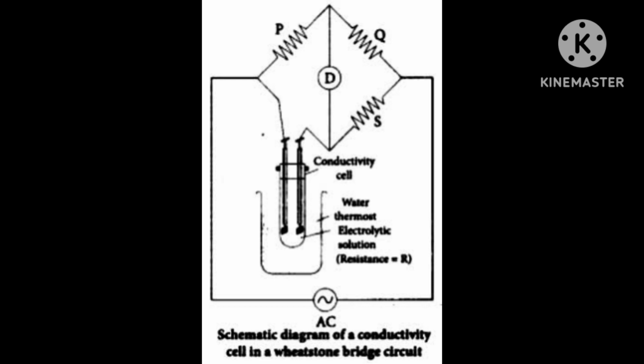Our intention is to measure, finally, after knowing the R value, the conductance. 1 upon R is equal to conductance. Once you come to know the R value, you can know the conductance. Correct?